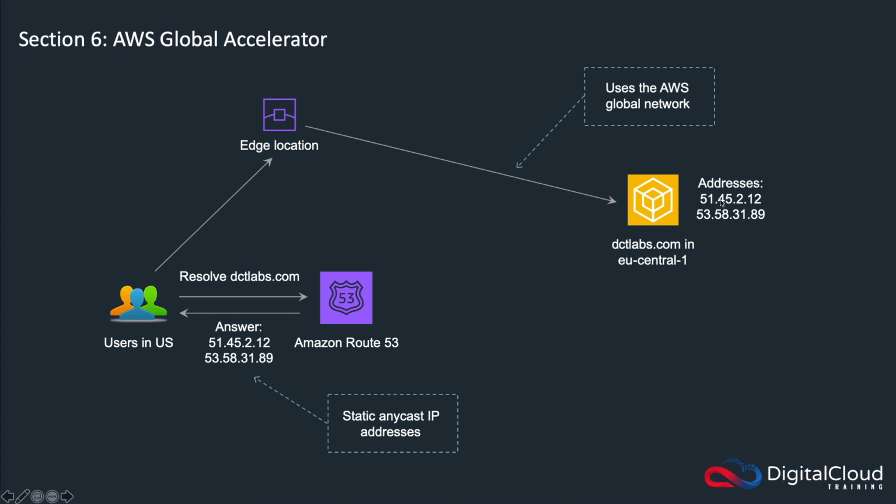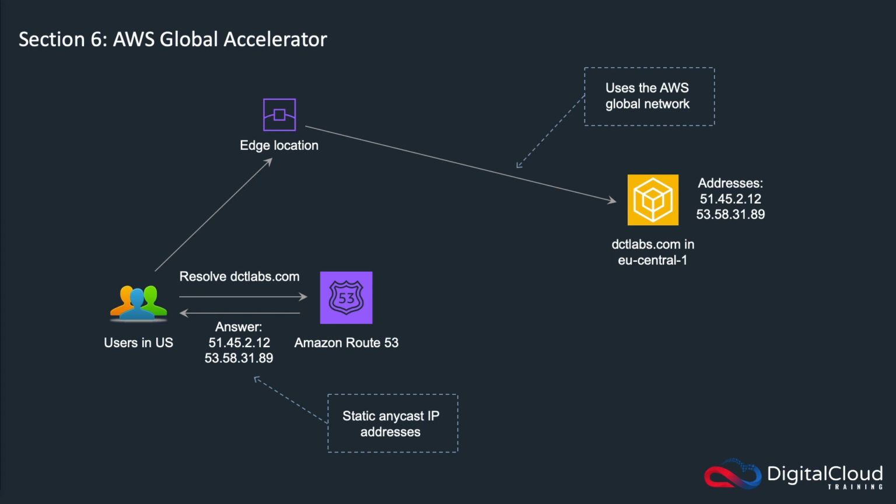Now it's the same IP addresses. The IP addresses haven't changed, the browser cache doesn't need to change, and the traffic is going over the global network. So even though the users are in the US and the application is now in Europe, the traffic is going via the AWS global network. That means it's very fast and very low latency.